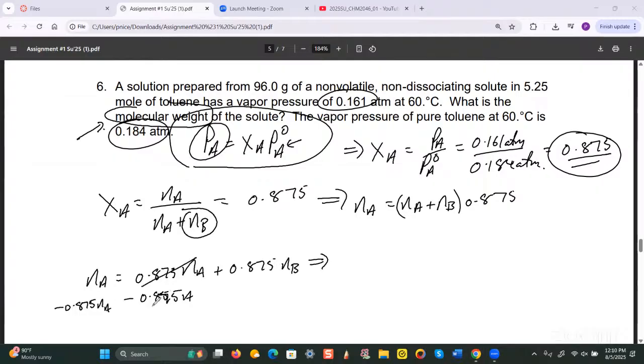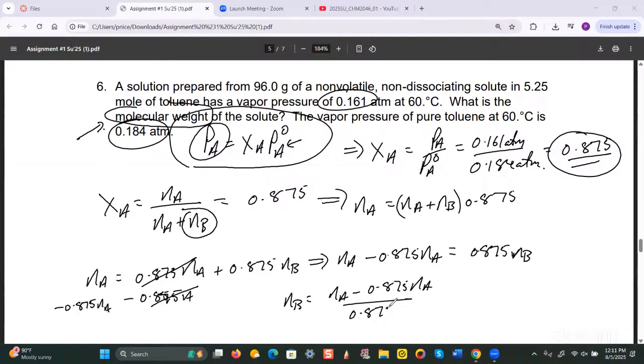So that this will go with that. You're going to end up with Na minus 0.875 Na, and that will be equal to 0.875 Nb. All right? And then to get Nb by itself, Nb would be equal to Na minus 0.875 Na divided by 0.875.